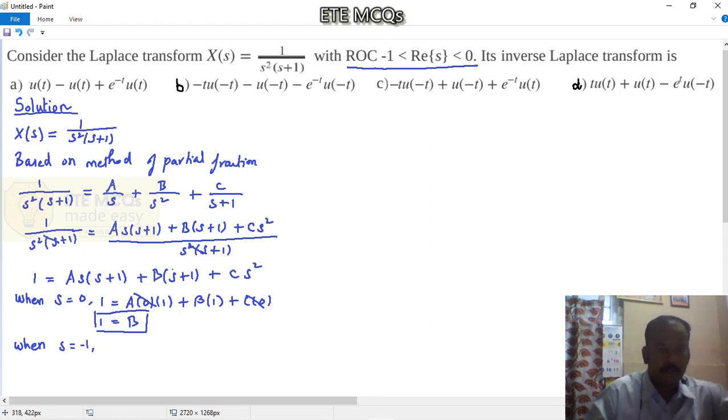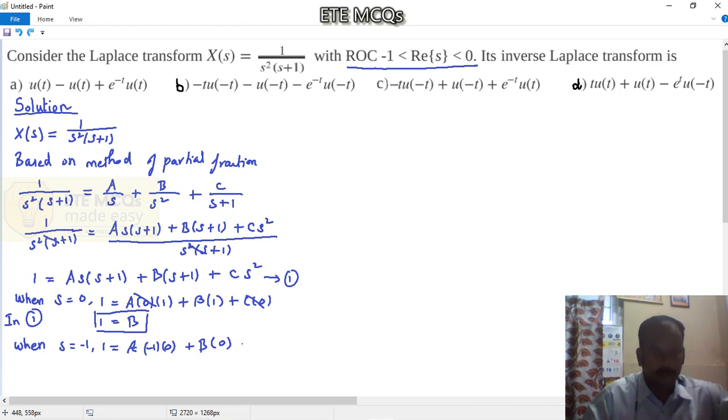Next, the substitution is when s is equal to minus 1. Let us call this equation number 1, and do the substitution in 1. You get 1 equal to A into minus 1 into 0 plus B into (minus 1 plus 1), which becomes 0, so plus B into 0, plus C into (minus 1) the whole squared.